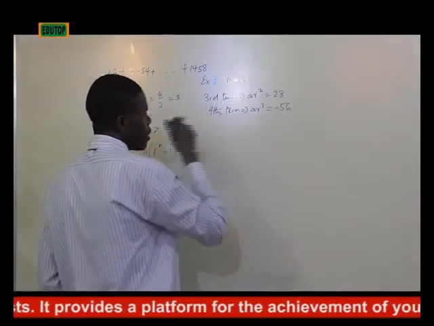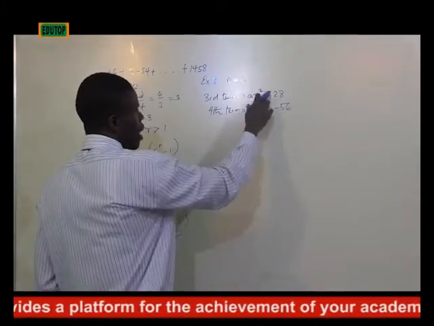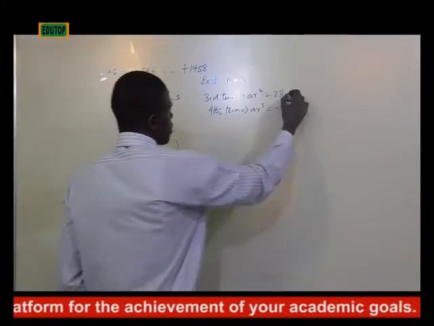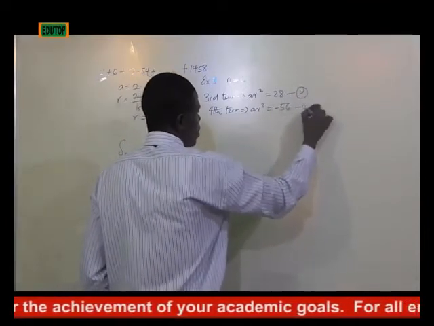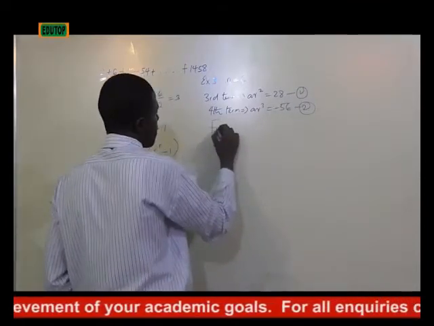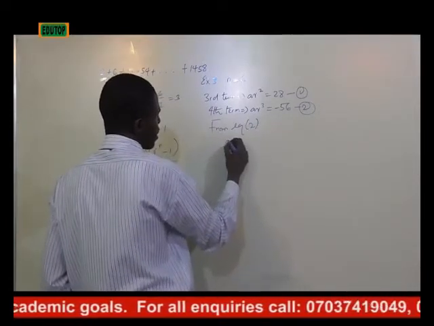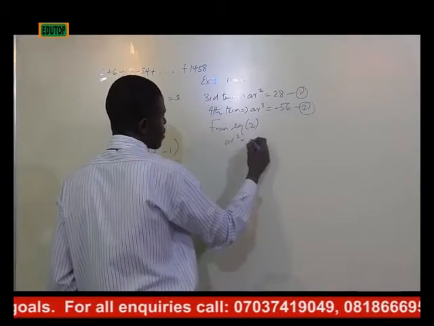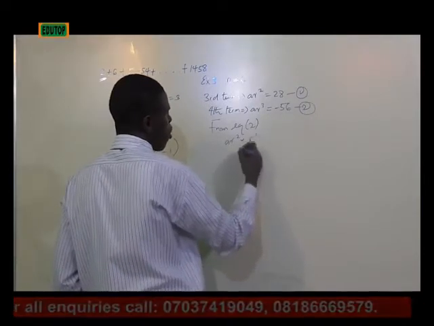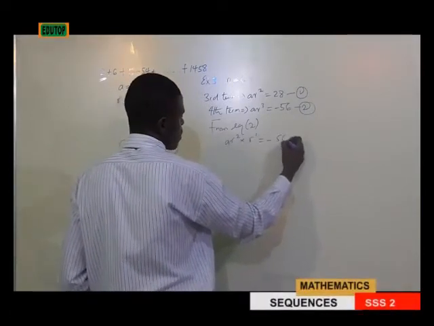So here our AR squared is 28. Let this be equation 1 and let this be equation 2. From equation 2, we can write AR squared times R by law of indices equals minus 56.